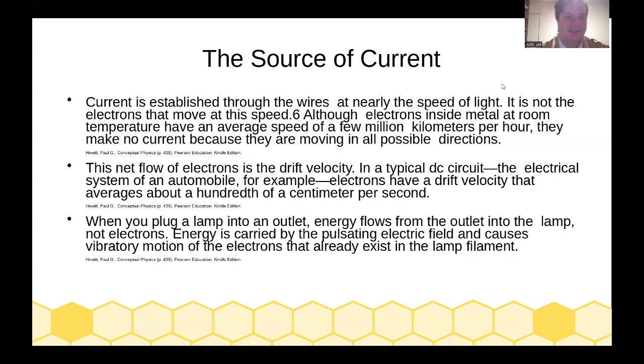When you plug a lamp into an outlet, energy flows from the outlet into the lamp, not electrons. Energy is carried by the pulsating electric field and causes vibratory motion of the electrons that already exist in the lamp filament.